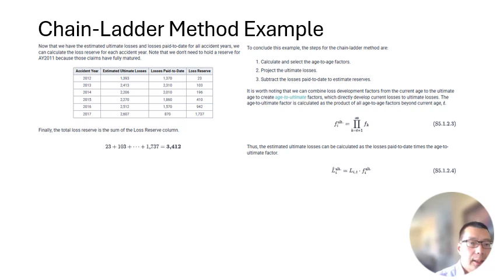But this is how you can utilize these factors. Once you have estimated ultimate losses and the losses paid to date for all accident years, we can calculate the loss reserve for each accident year. Note that we don't need to hold a reserve for accident year 2011 because those claims have fully matured. So starting from 2012, we just need to estimate the ultimate loss, which basically is filling every empty space in a triangle. Then loss paid to date will be the sum of each row that is already shown in the triangle.